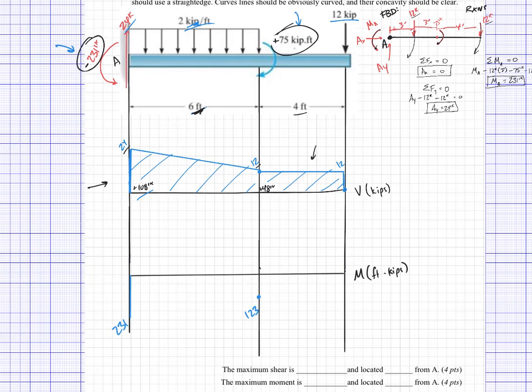Okay. And then, well, let's just get all of our points, right? So then we're going to go up 75. So we're going to go right up to about right there. So if I go up 75, I'm now at 48, right? And then I'm going to keep going to the right, and I'm going to add this 48. Okay, and that's going to get me right back to 0. Okay?